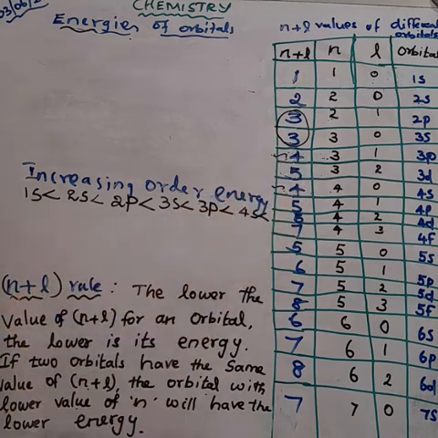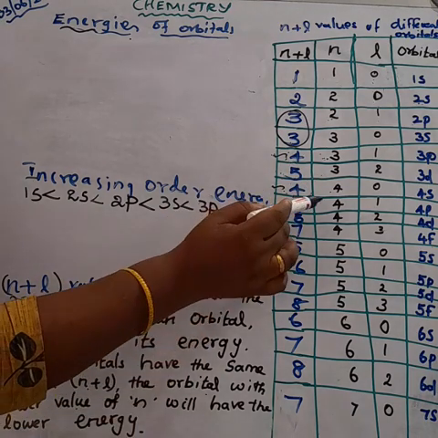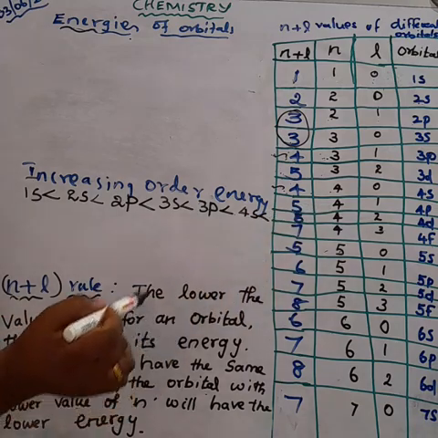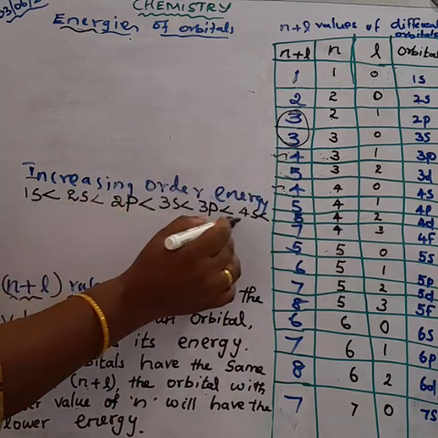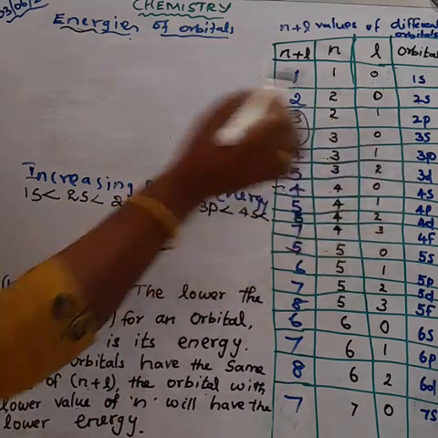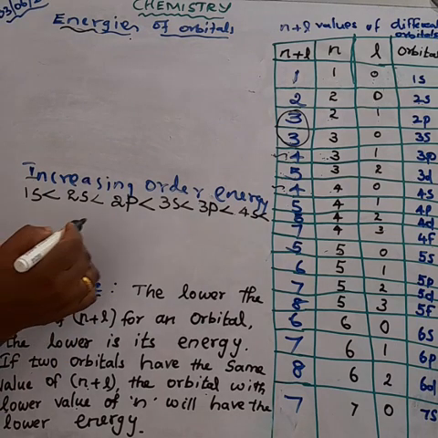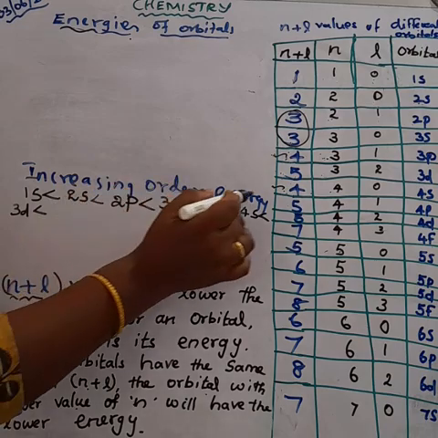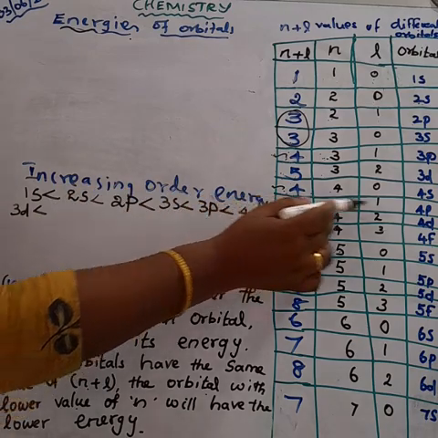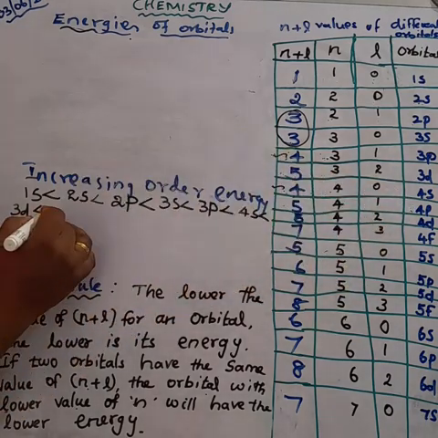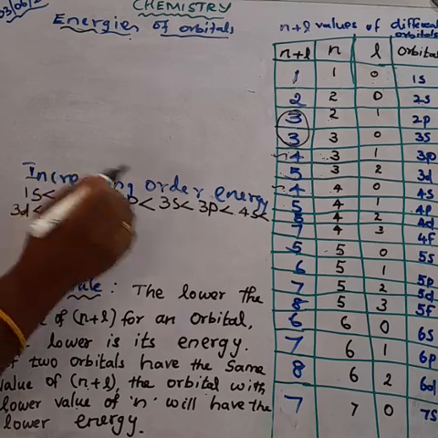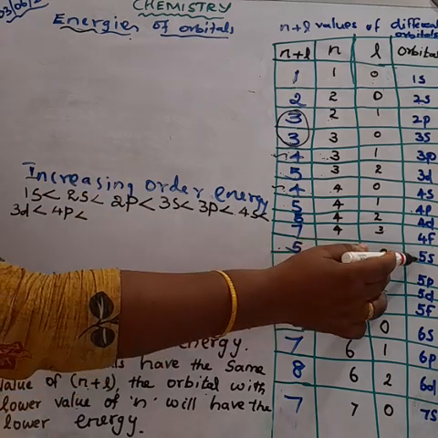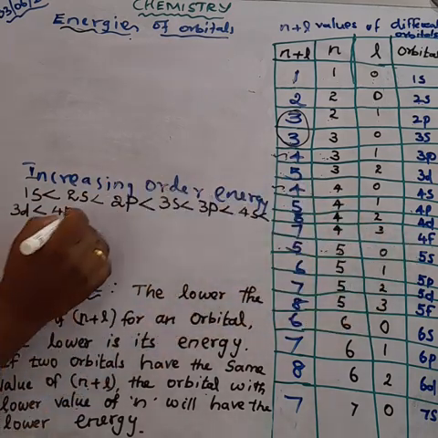This 5 is 4, this 5 is 5. Okay, so we take this 3. So 3 means orbital name 3d. Okay, and then 3d is less than, after that 4p. For this 5, 4p, n value 4, we take the 4p. After that, here 5 is also there, so the lower n value is 5, so we take 5s.